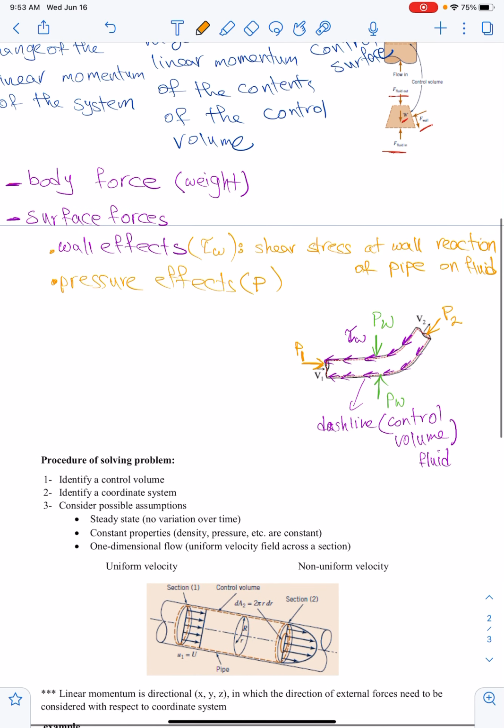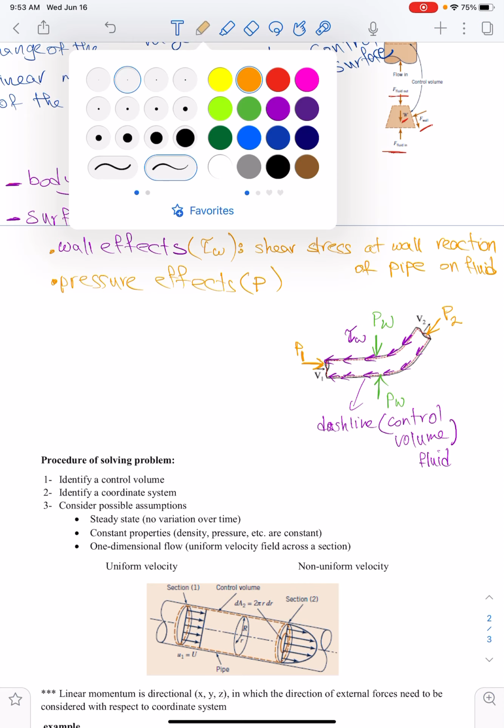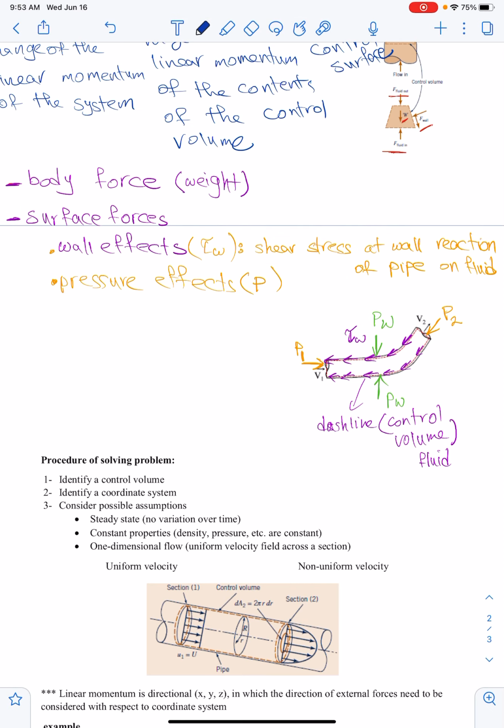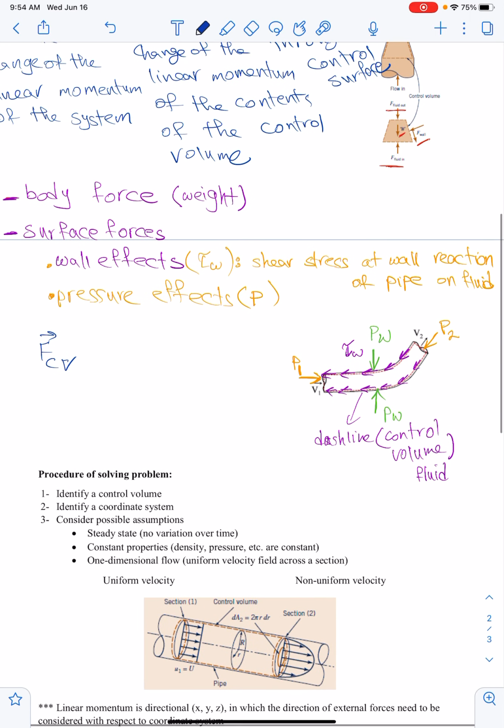And if we combine all of the forces together, we're going to get pressure of the wall plus shear stress of the wall, and they are not forces, right? They are pressures and stresses, so we need to multiply them by the area of the wall.